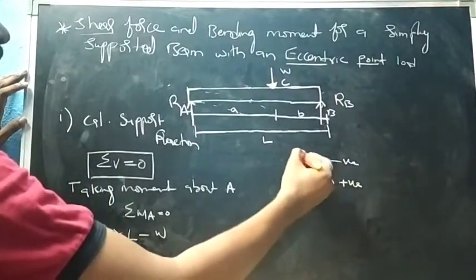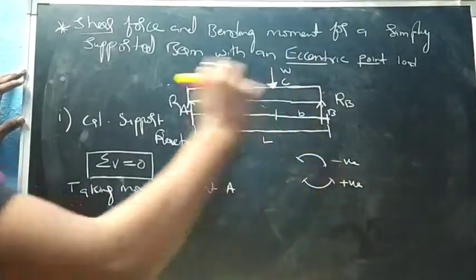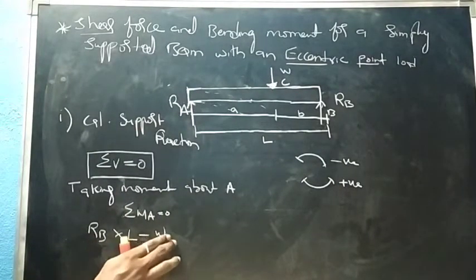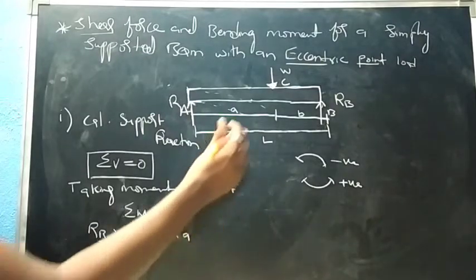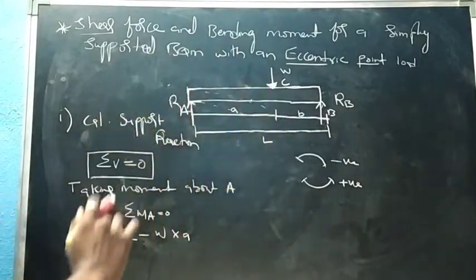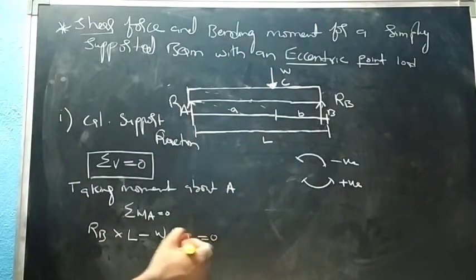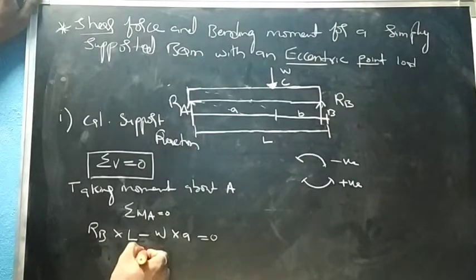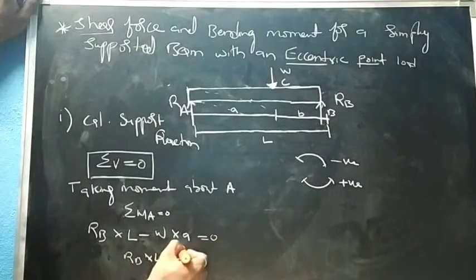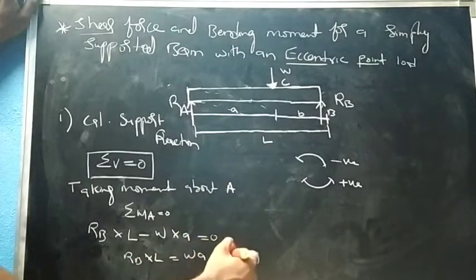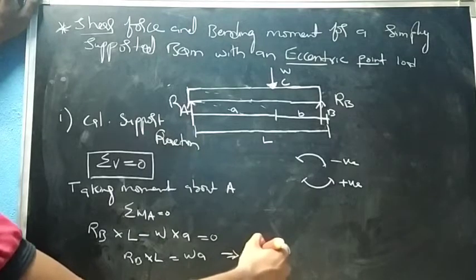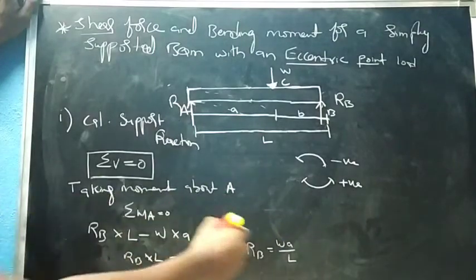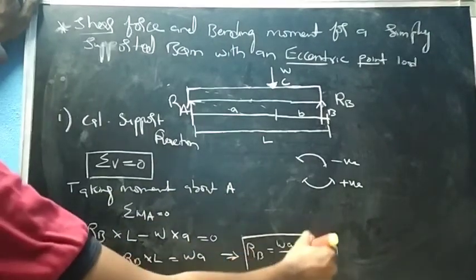Remember, for smile we take positive, for frown we take negative. So RB multiplied by L minus W into the distance a equals 0. From this, RB into L equals Wa, which gives RB equals Wa upon L. So I got RB.